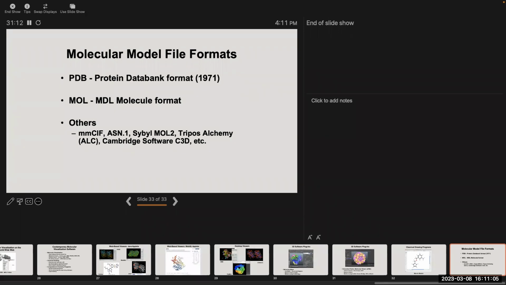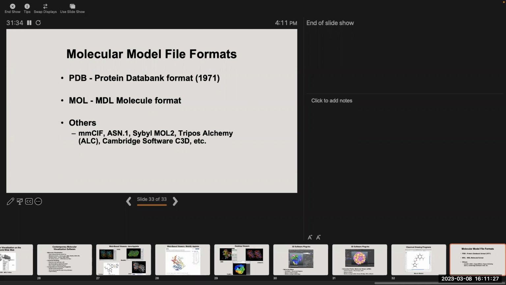The majority of the models that we're going to work with in this class are all PDB files. There's another format which is somewhat less common, but you still see them around, the MOL format. So it would be hemoglobin.mol.